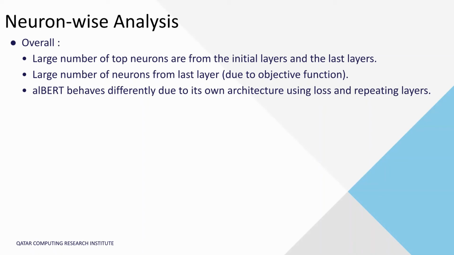So it tries to maximize the number of neurons used at that level. And for ALBERT, we said it behaves differently due to its own architecture, using the loss and the repeating layers.